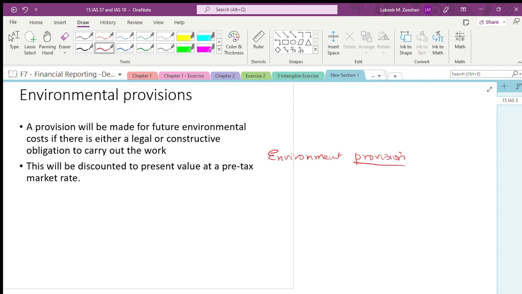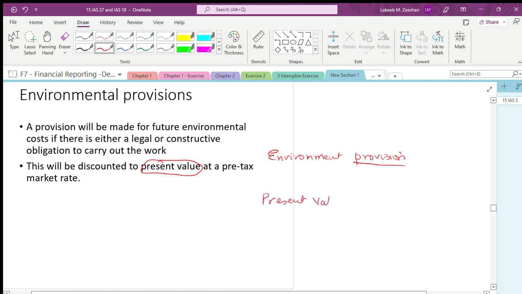A provision will be made for future environmental cost if they are either legal or constructive. What happens now when we do this? Again, we are taking into consideration present values. See, as simple as that. Now I will be a little more specific. What is present value?